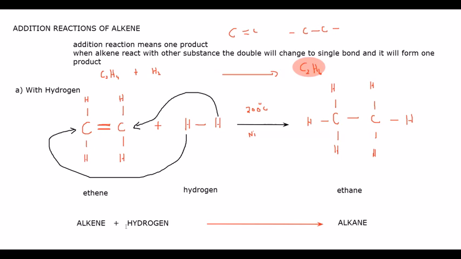Is it clear? So whenever an alkene reacts with hydrogen, it will result in the formation of an alkane. I'll give more examples. First copy this one.